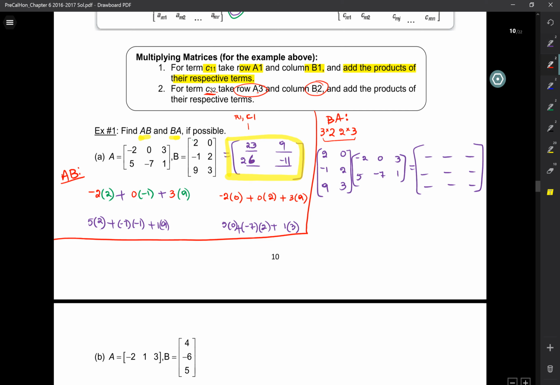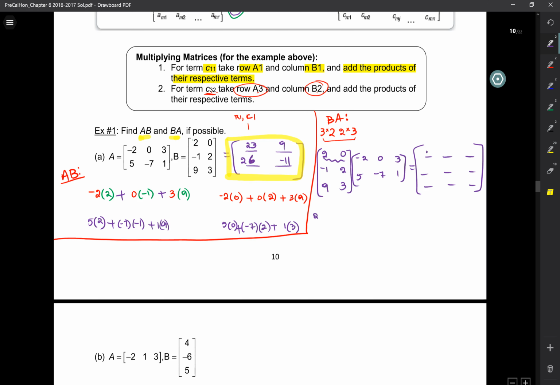So this position here, this is row 1, column 1. So I'm going to multiply row 1 with column 1.